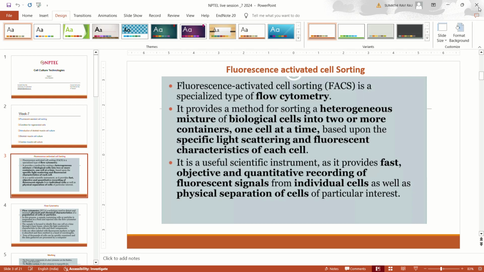So it's both quantitative recording from the individual cells, as well as physical separation of the cells of particular interest. So not only detecting and identifying, like I said, the instrument will by itself physically separate the cells and give you a container in which you will have only the cells of your interest.